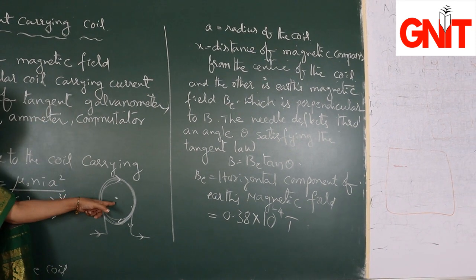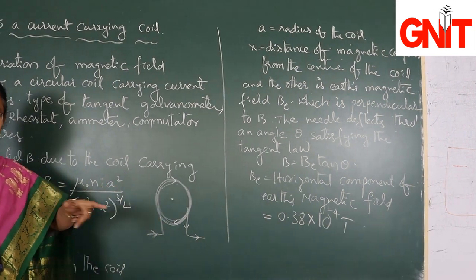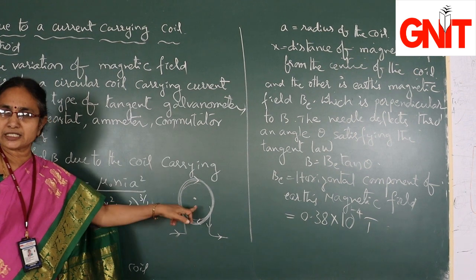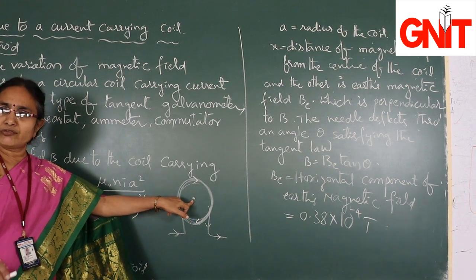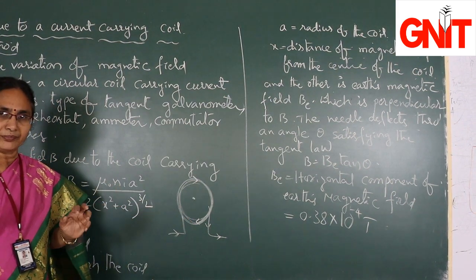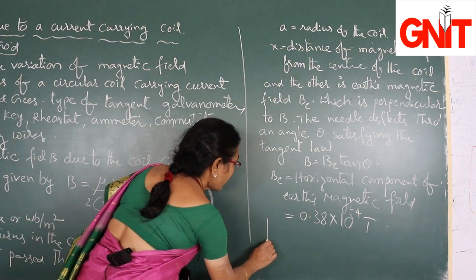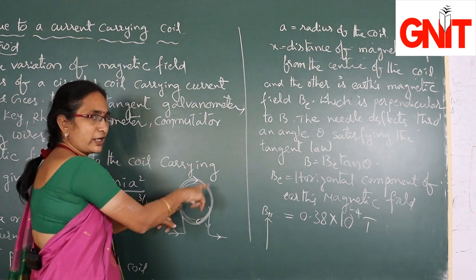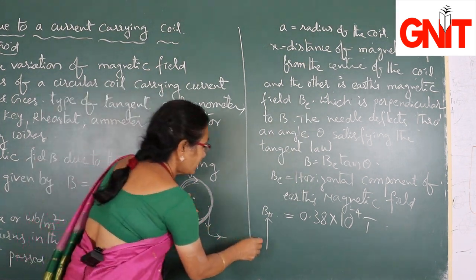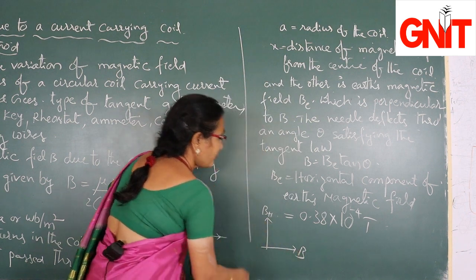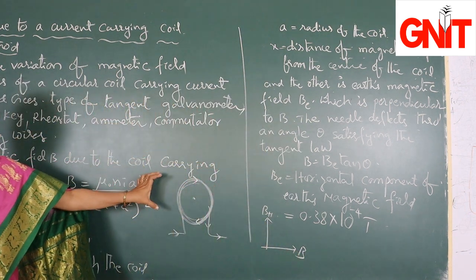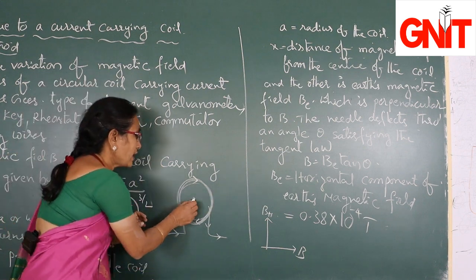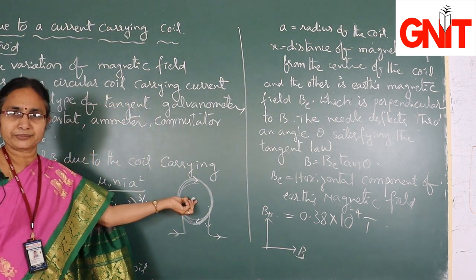We are going to measure that magnetic field only along the axis of this coil, but there is a magnetic field already present even if you do not send current, that is Earth's magnetic field. If we take Earth's magnetic field as BH and the coil current's magnetic field as B, we will set the apparatus so that one magnetic field is perpendicular to the other, and we will keep a magnetic needle at this place.